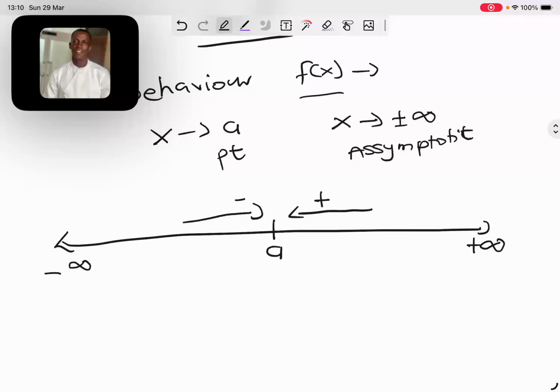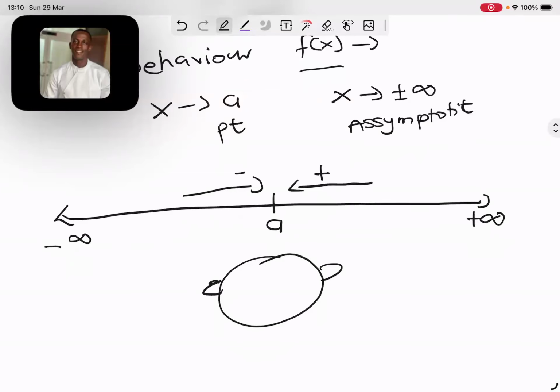So the behavior is that as you move your hand from the right-hand side closer to the person's face, you are going to stop. The same way you can move your hand from the left-hand side towards the person's face. So if you are studying the behavior of the movement of your hand, this is the person's face. We can move our hand towards the person's face from the right-hand side. We can also move our hand towards the person's face from the left-hand side.